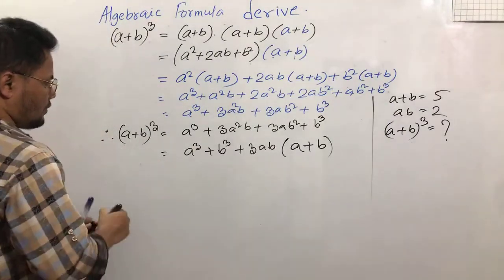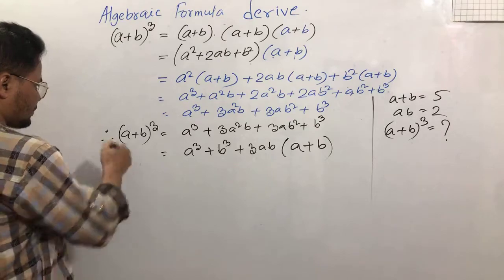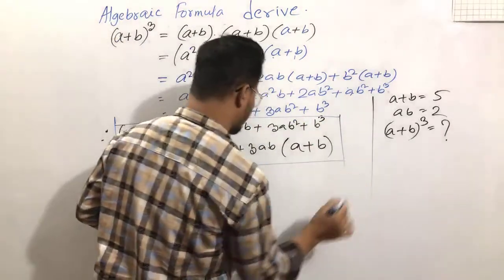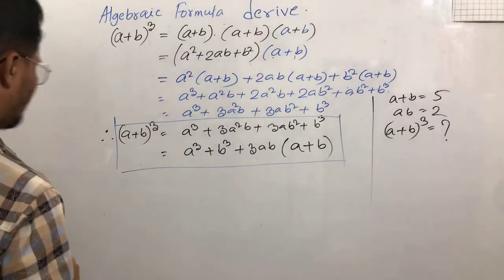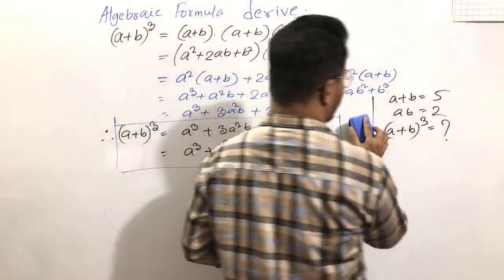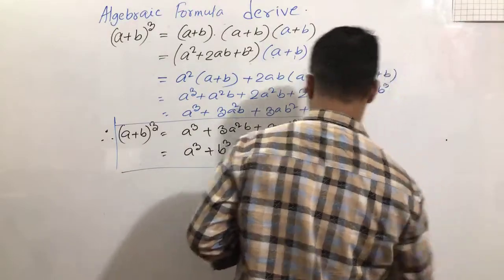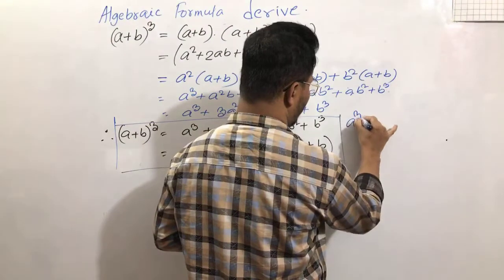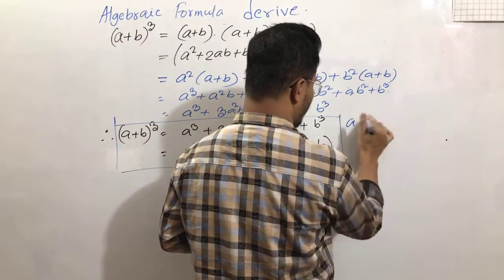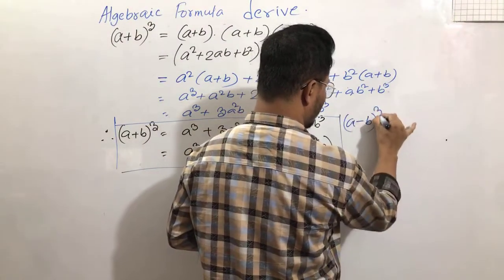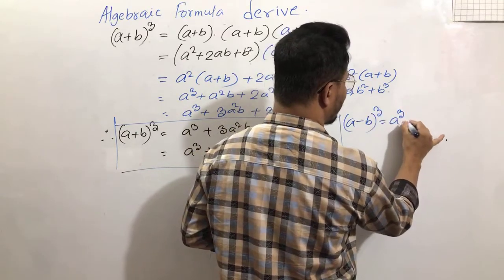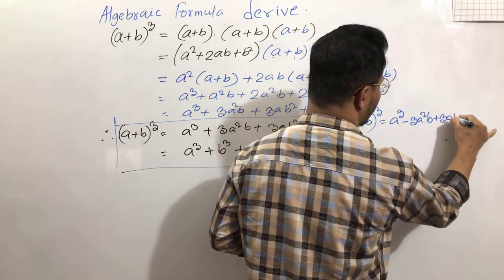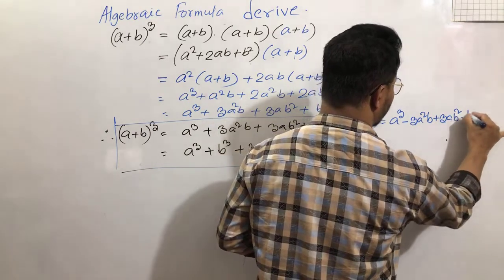Okay, another formula we can start here. This is the first cubic formula. Similarly, we can write a multiplication formula like this: (a − b)³ = a³ − 3a²b + 3ab² − b³.